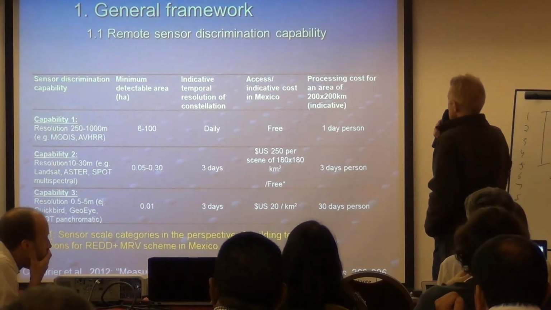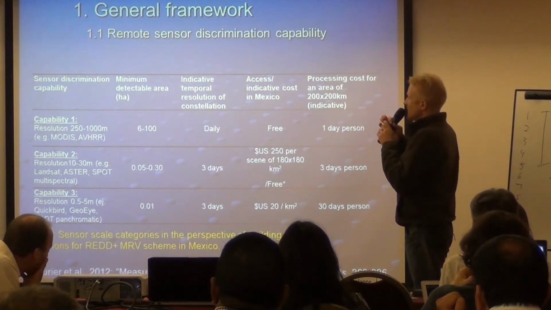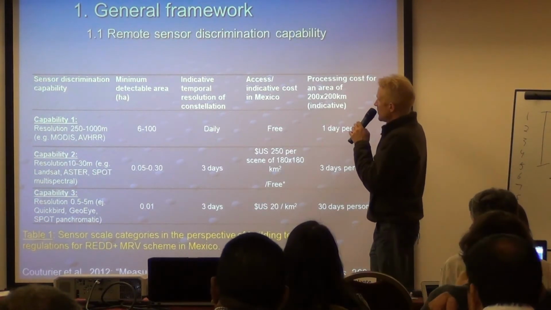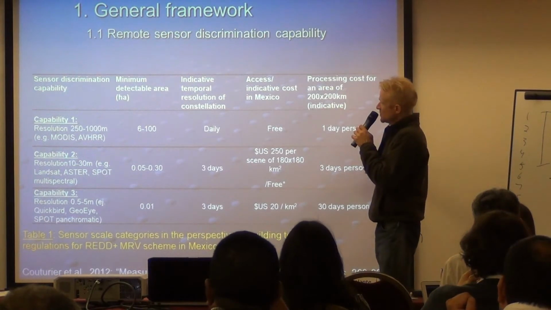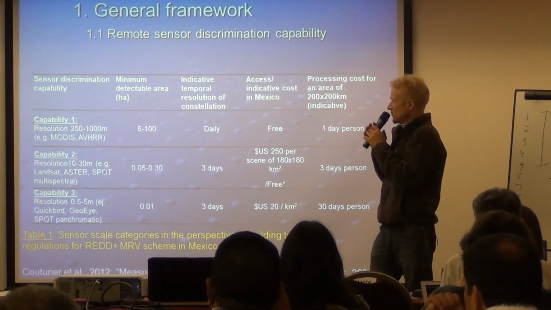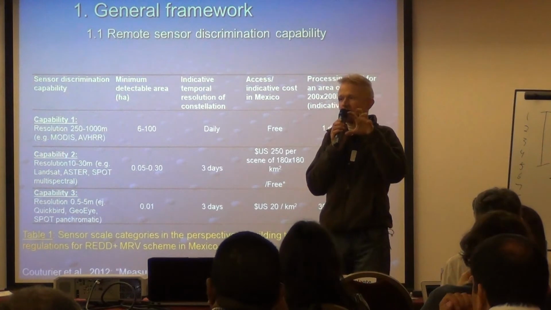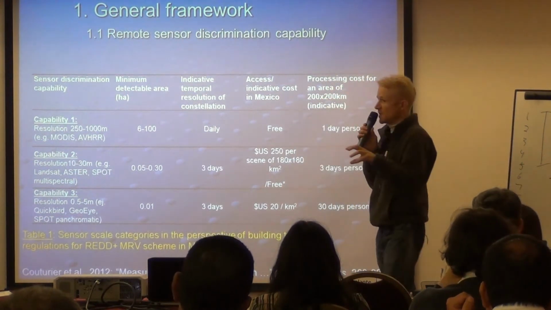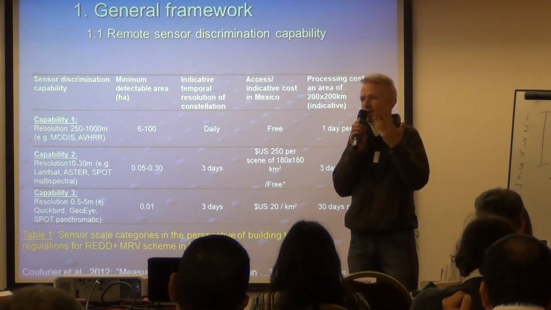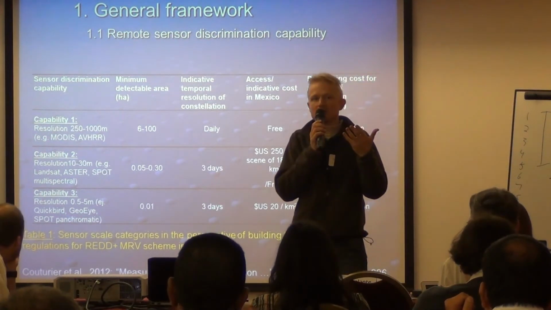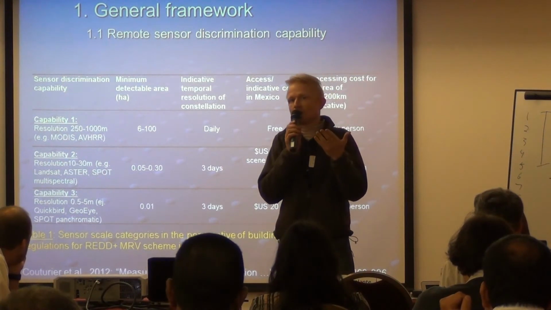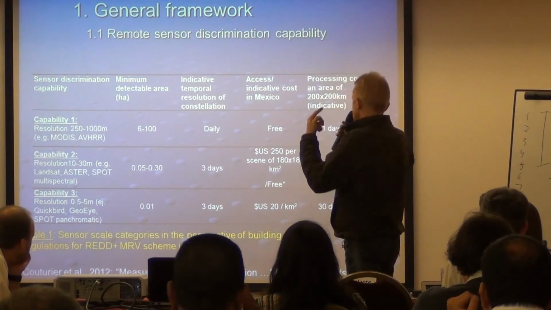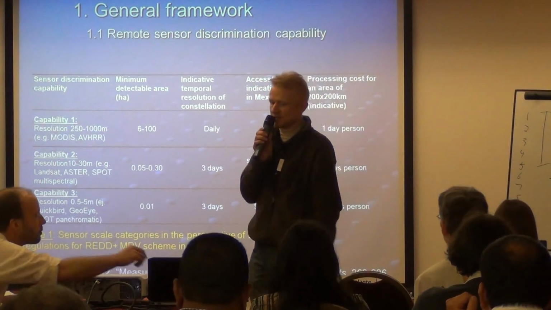It consists basically in separating sensors among low resolution, medium resolution, and high resolution sensors, and talking in terms of these categories, capability 1, 2, and 3, in order to propose some consistent forest cover change definitions, which is the topic of the next slide.